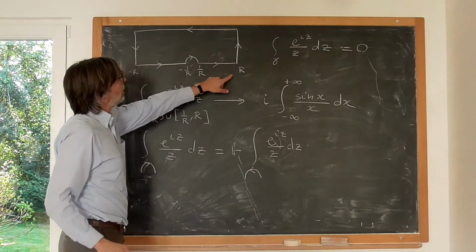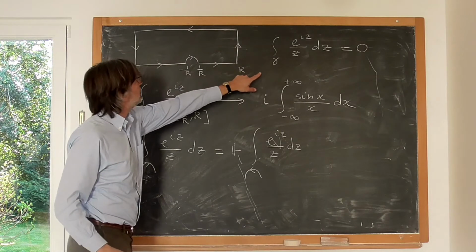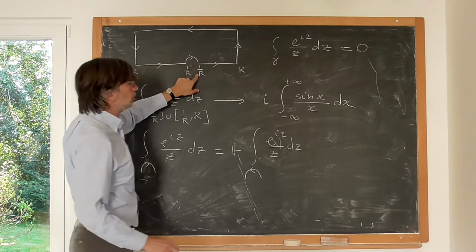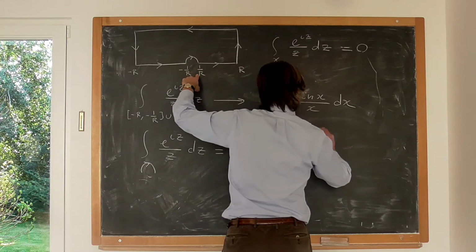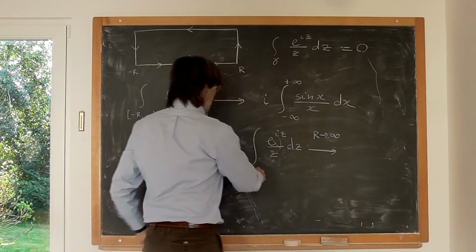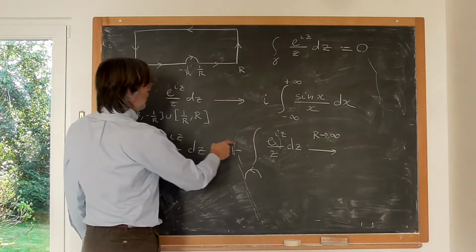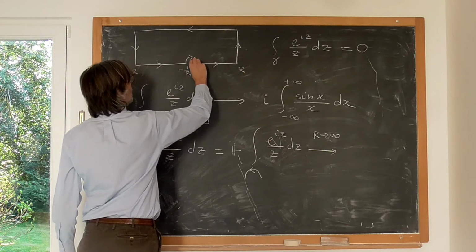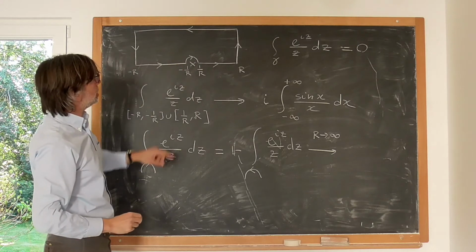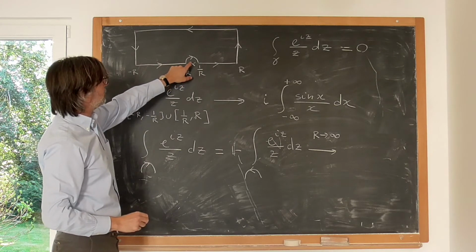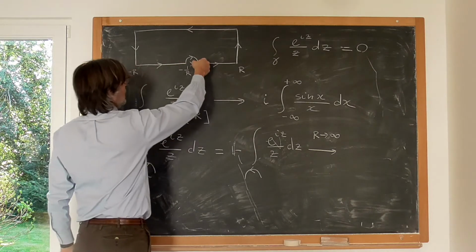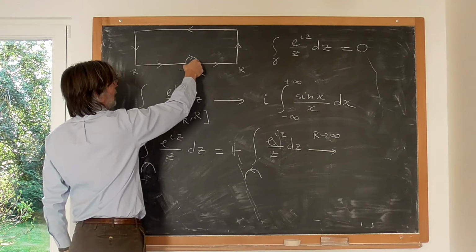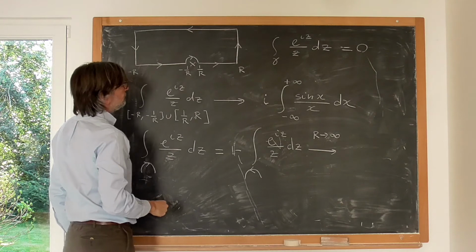And now when R goes to infinity, the radius of this half circle, 1 over R, goes to 0. So when R goes to infinity, we're exactly in the situation of the lemma. We're integrating a function which has a simple pole at the origin, and here we're integrating it on a small arc spanning an angle pi.